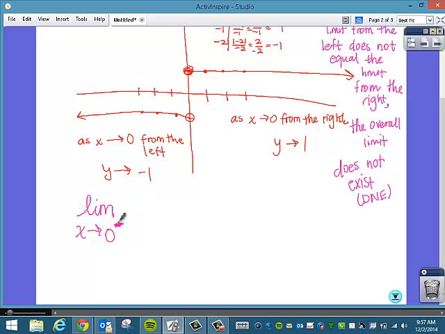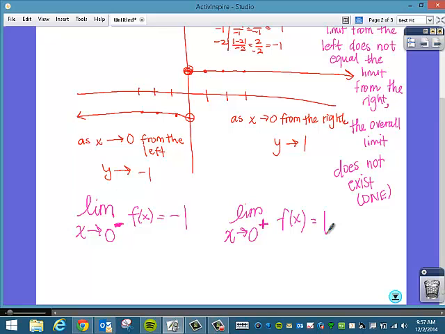The limit as x approaches 0, this little negative designating from the left, of f of x is equal to negative 1. The limit as x approaches 0 from the right, I'm going to put a little positive sign for the right, is equal to positive 1.